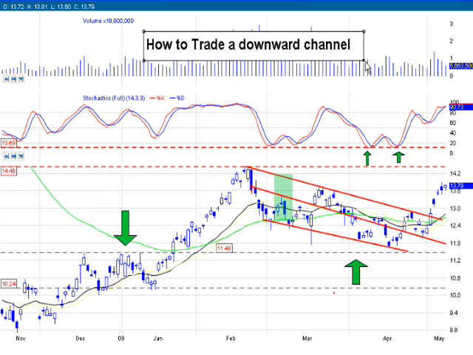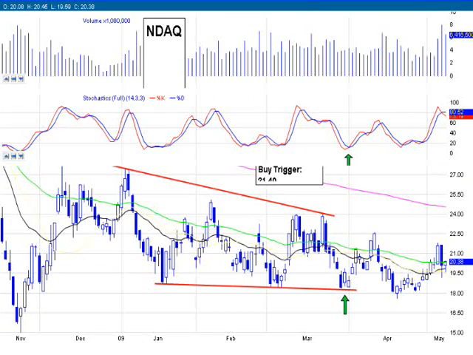Now, NDAQ. Here we go with a nice, very similar pattern to a downward channel, a downward wedge pattern. But if we look at this one a little closer, you could go either way on this. You could look at it really long term and see this long channel starting to form with a downward slope to it.